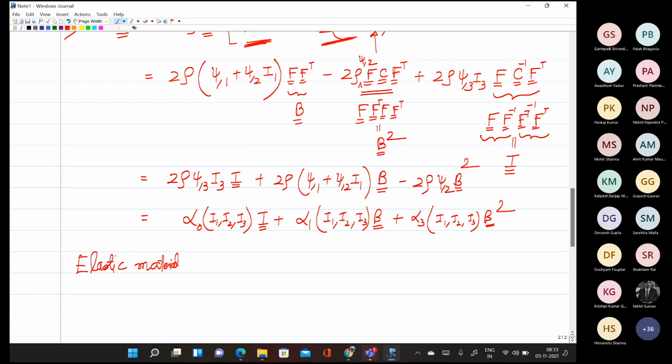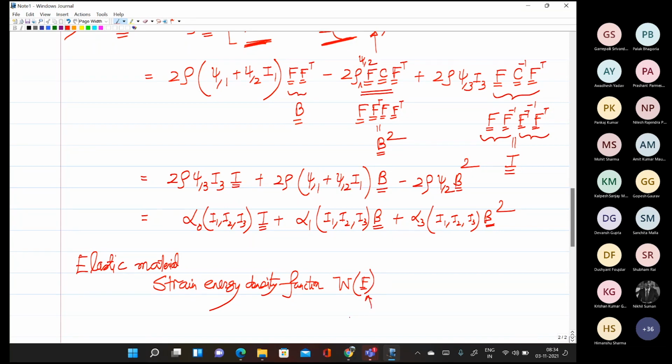Instead of this Helmholtz free energy, which is the specific, it's per unit mass, isn't it? We work with what is called strain energy density function, which we denote by W as a function of big F.